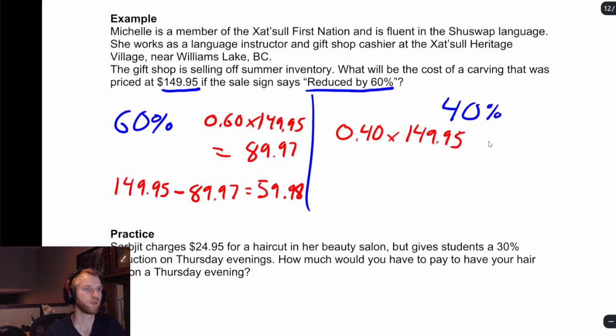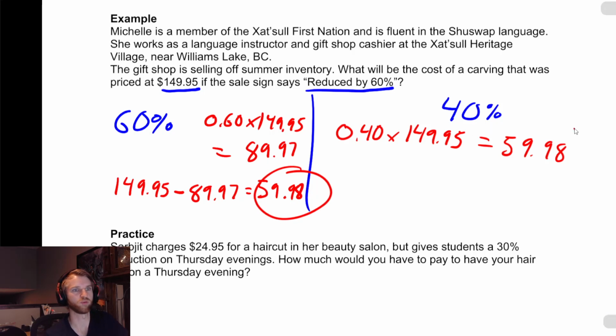That will be equal to, hopefully, exactly what we found in the last one. You put that into your calculator, and you get $59.98, the exact same answer that we found right here. We could take 60%, subtract it off, or we could take 40% and get our final answer. Either way works. This way is just slightly less work.